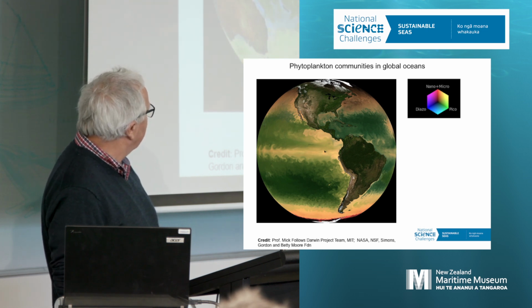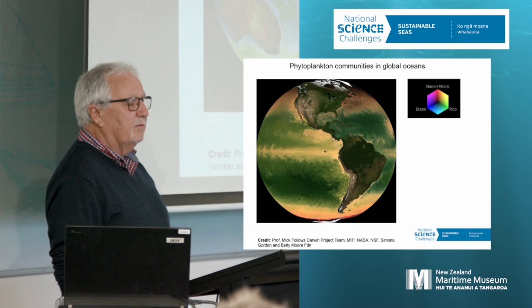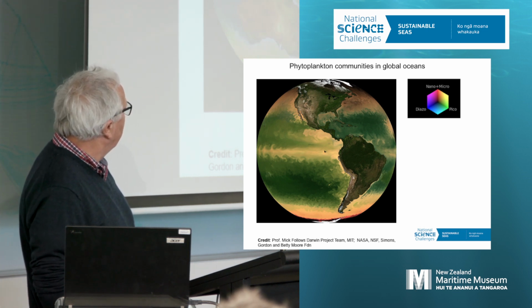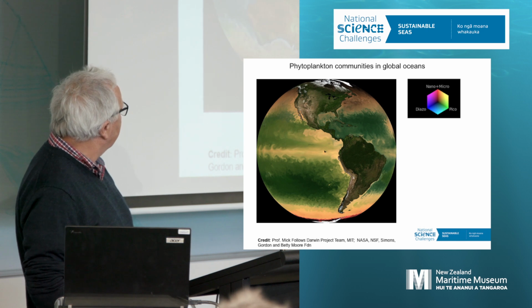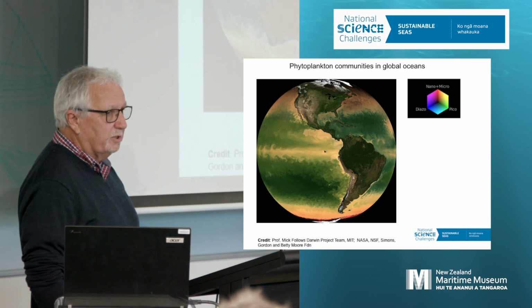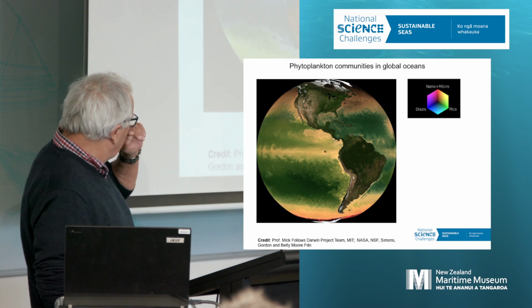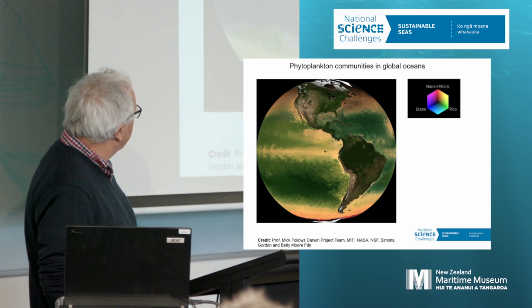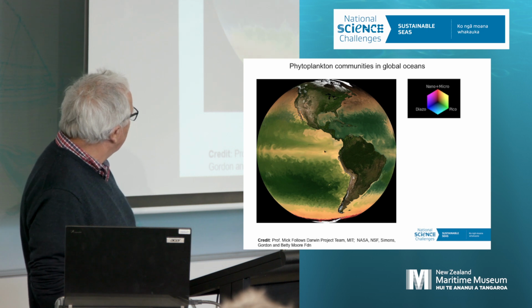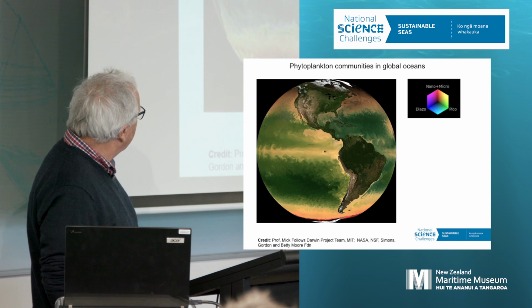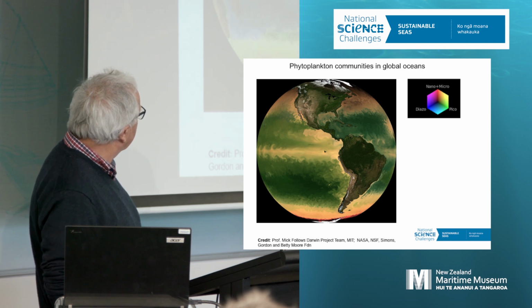There's a great deal of interest, of course, with respect to climate change as to what is happening in the ocean and how and where carbon dioxide, for instance, is being absorbed and where it's being emitted from the oceans. And this is a model from a project known as the Darwin Project, which has modelled the different sort of trophic levels in the ocean and the activities that are going on.